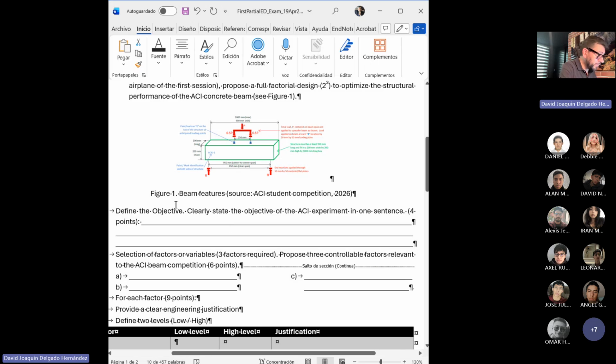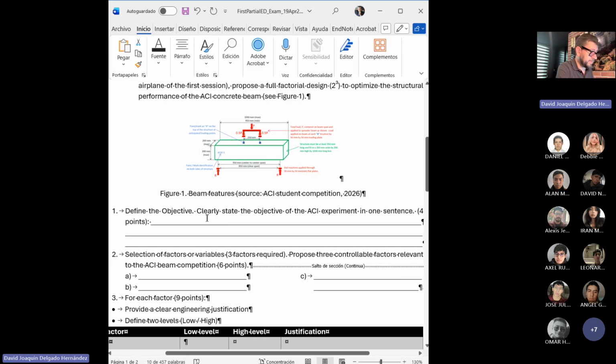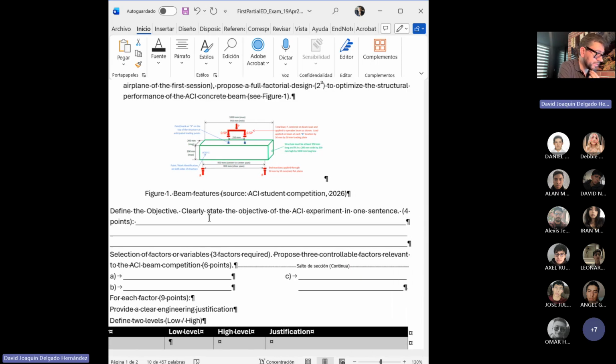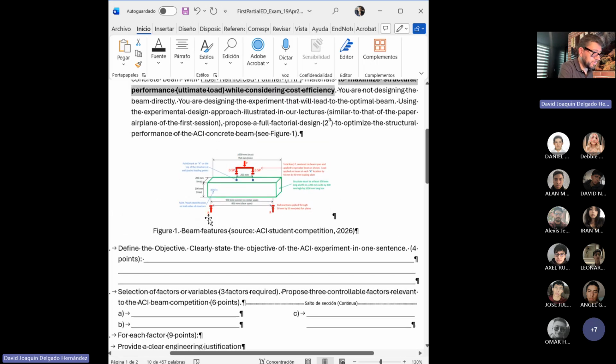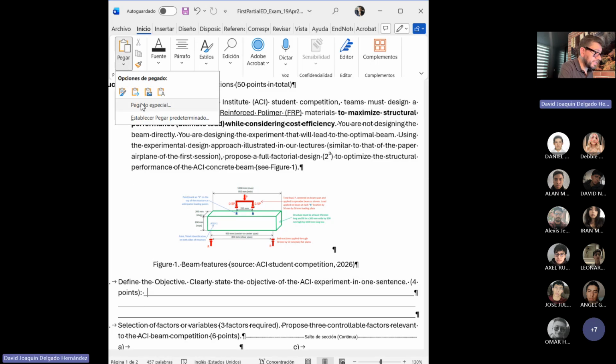So the first question was define the objective, which is clearly state the objective of the ACI experiment in one sentence. The value of this question was 4 points, okay? So this is the response. To maximize, I am going to copy this. This is the objective, okay? Just like that, you just had to copy this.